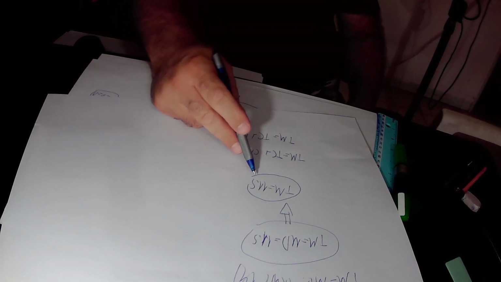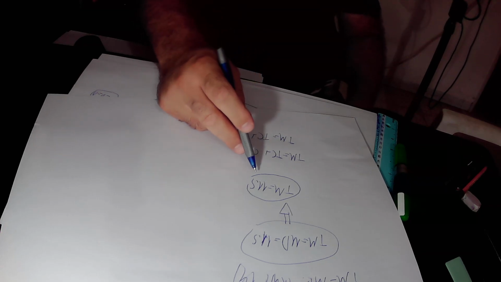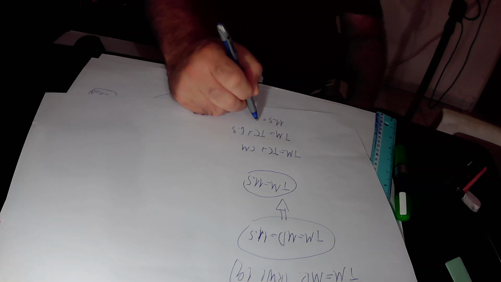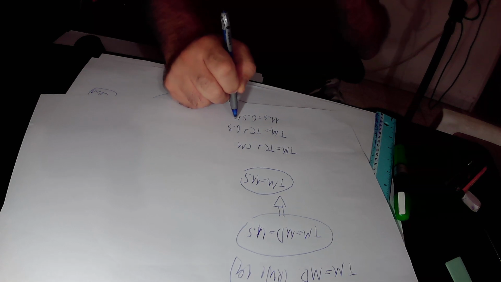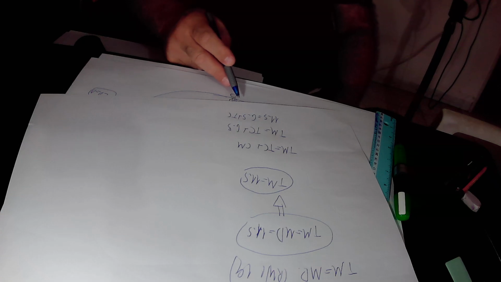But TM equals 11.5 units in its length. So we substitute TM by 11.5 and we get that 11.5 equals 6.5 plus TC.